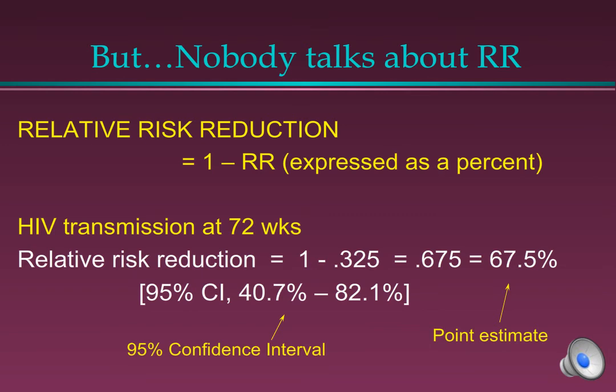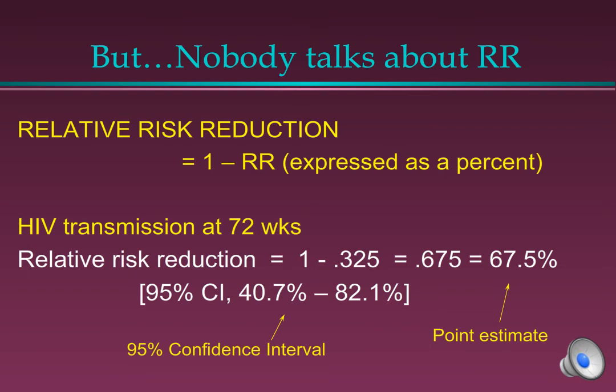Likewise, if we just subtract each one of the confidence interval limits from 1, we can get a 95% confidence interval for the relative risk reduction. In this case, the lower limit is 40.7%.